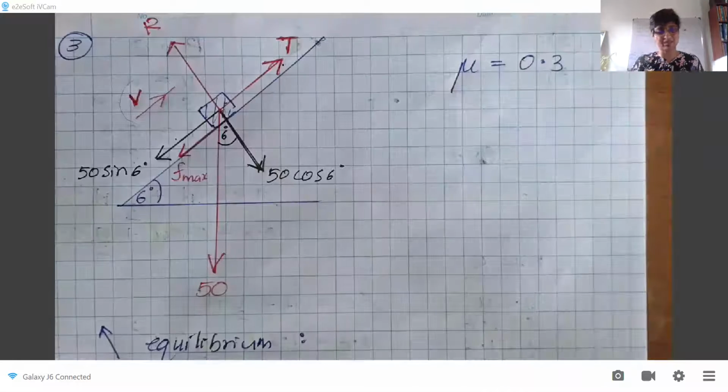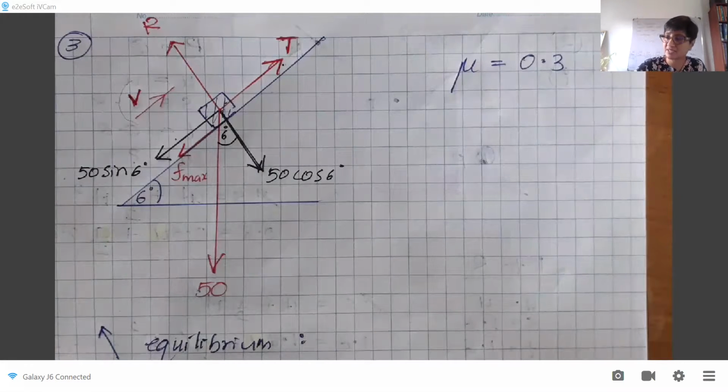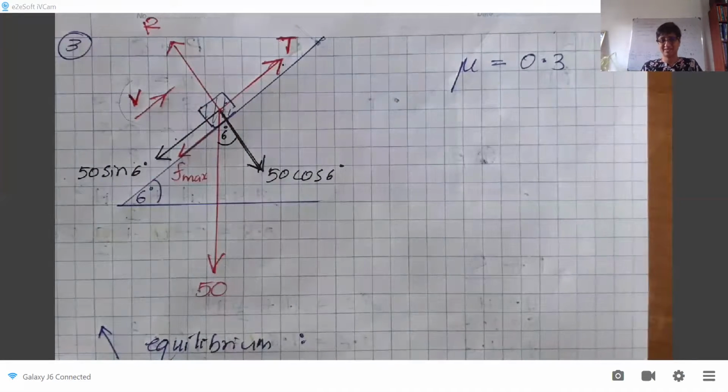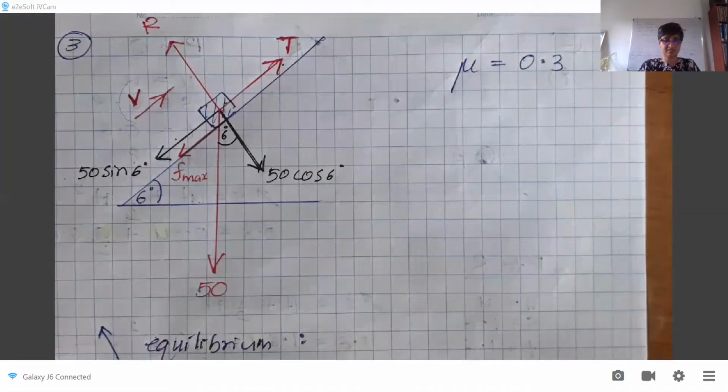I wrote a V to say constant speed. If your object is accelerating, you would put 2 arrows and say A. I put just one line and one arrow. It looked like R for you. This was meant to mean constant velocity.